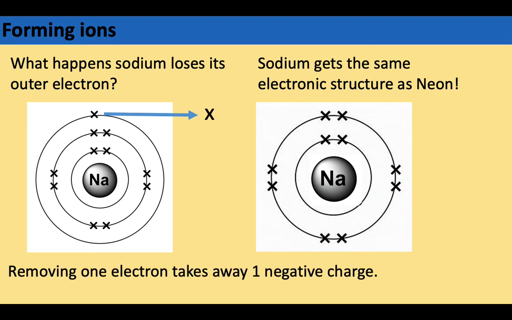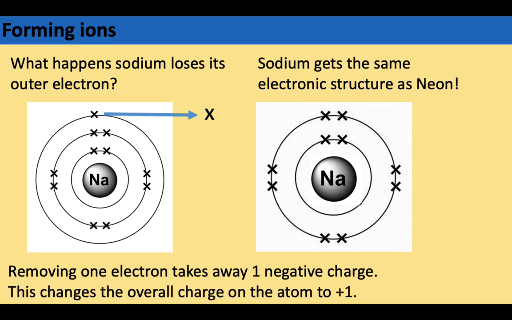Now, if we're taking away 1 negative charge, it leaves us with an overall positive charge on our sodium ion. So to indicate this, you put the square brackets around it, and you put a little plus at the top right-hand corner. So now you know that the sodium ion has got a positive charge of +1.